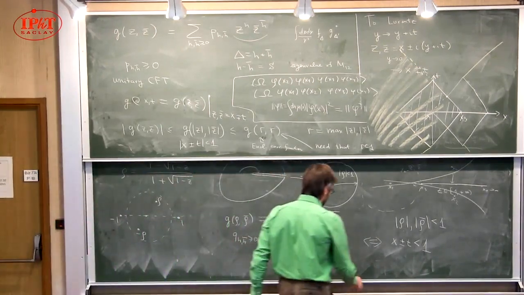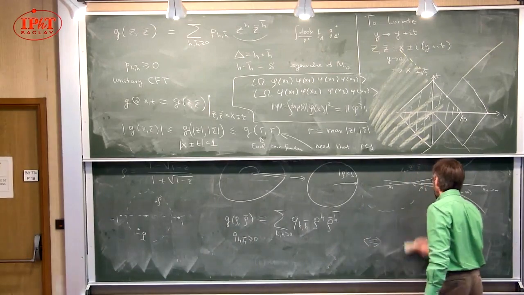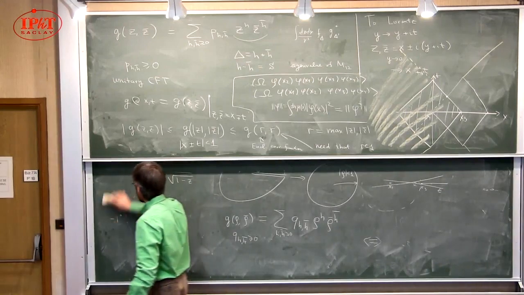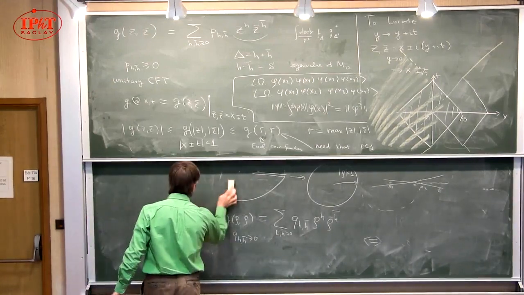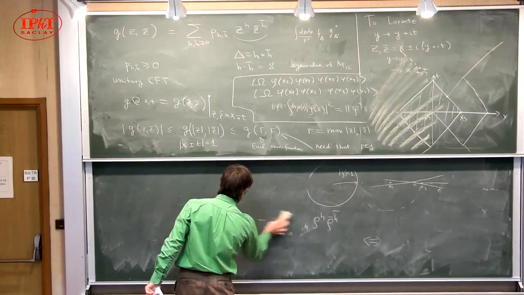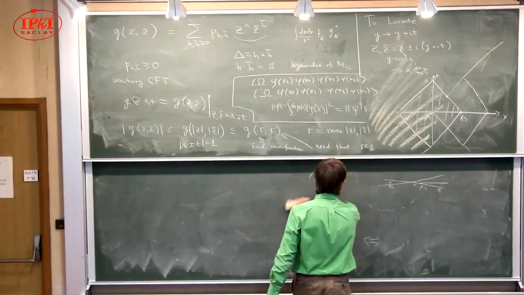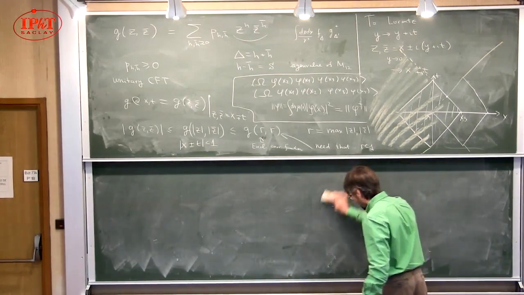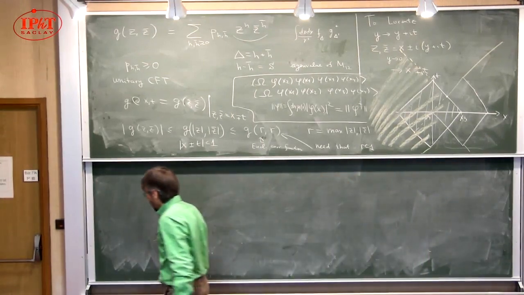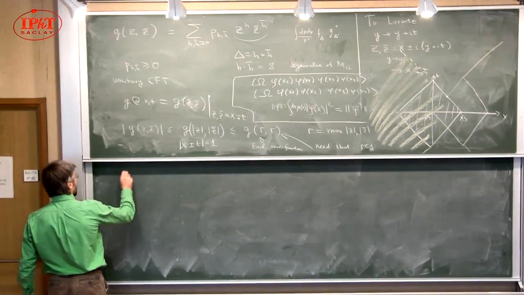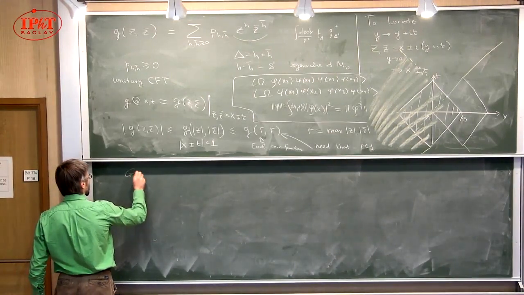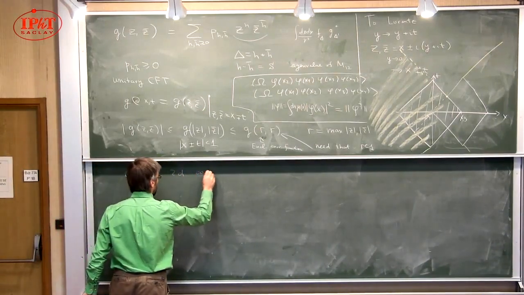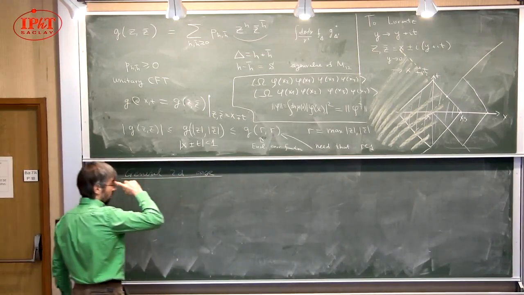Let me do first the 2D case, and then I will explain how to do the general d-dimensional case. So let me now do the general 2D case. What does it mean, general?